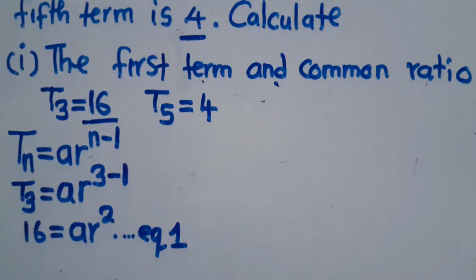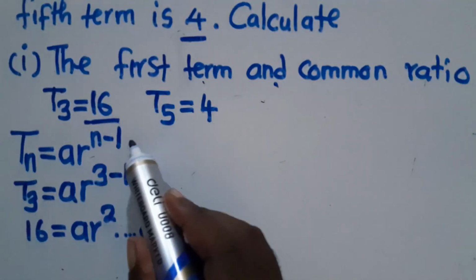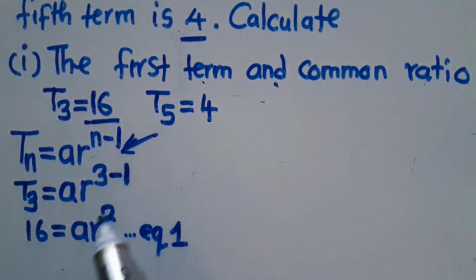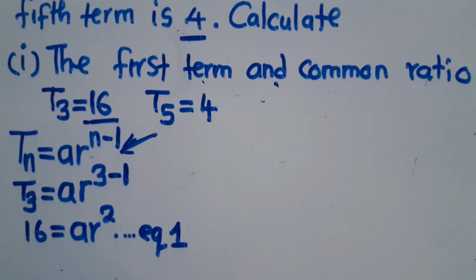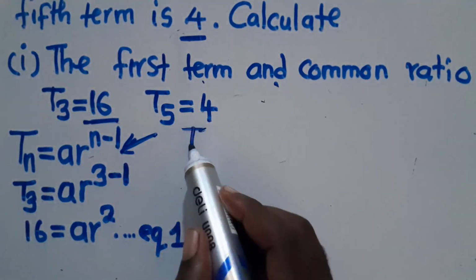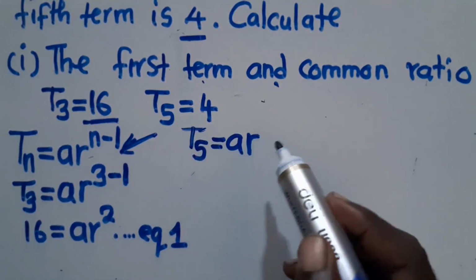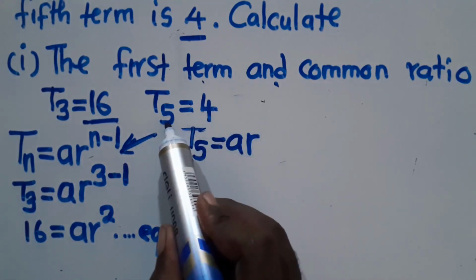To form another equation, I will still use the same formula for the nth term. So T 5 is equal to a, which I don't know, r, the common ratio, which I don't know, but n I know is the fifth term, 5.